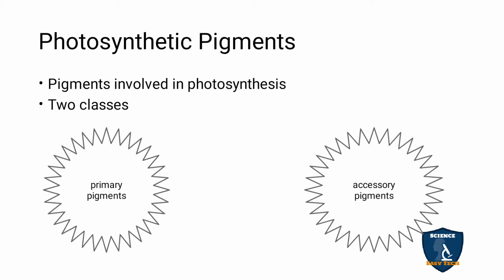Photosynthetic pigments: as we have talked about, chlorophyll is a pigment which is seen in the chloroplast. There are two types of pigments involved in photosynthesis: primary pigment and accessory pigments.